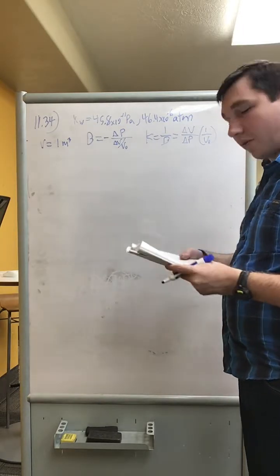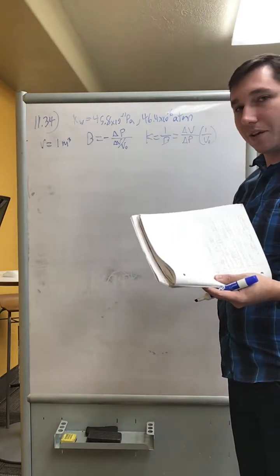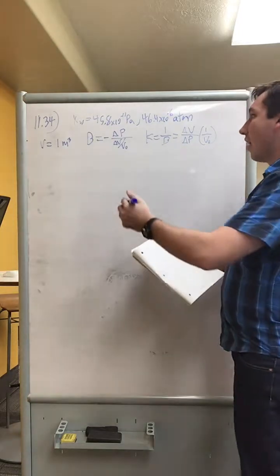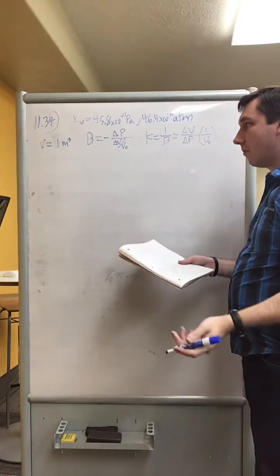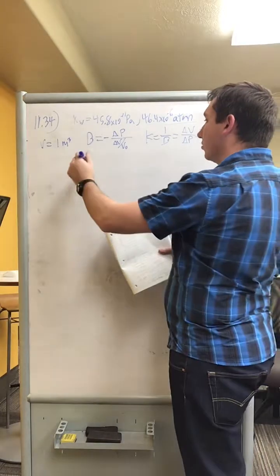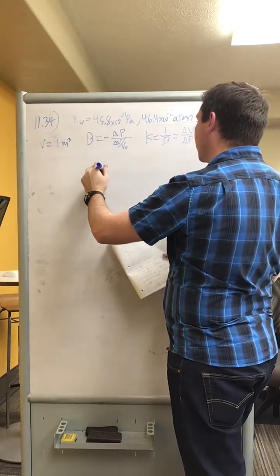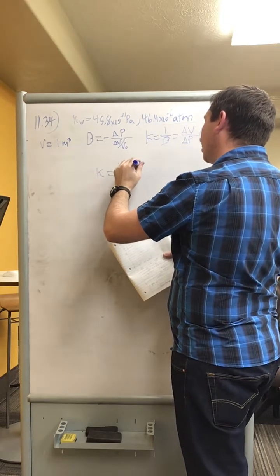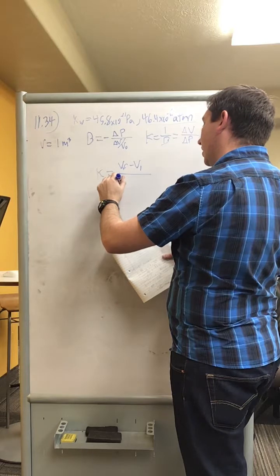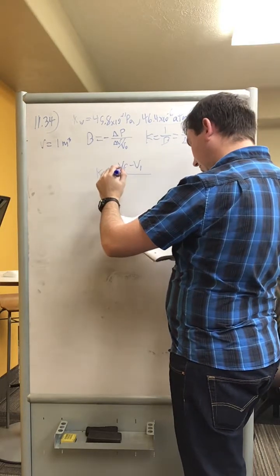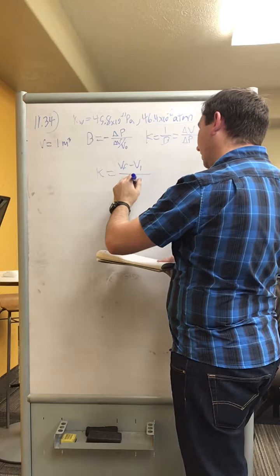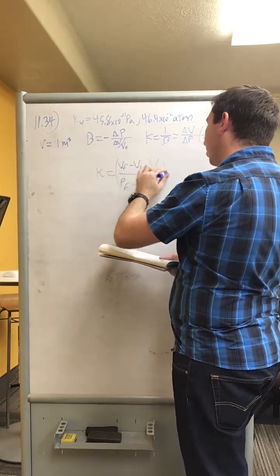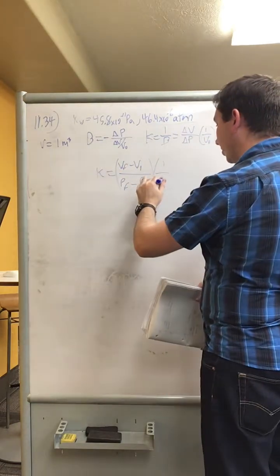It also makes it easy because the pressure at sea level is 1 atmosphere. So K is going to be equal to the volume final minus the volume initial divided by the pressure final minus the pressure initial, times 1 over the initial volume.